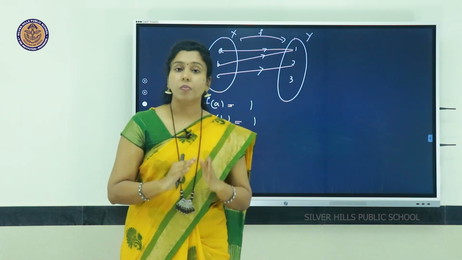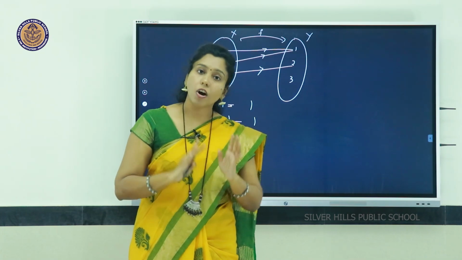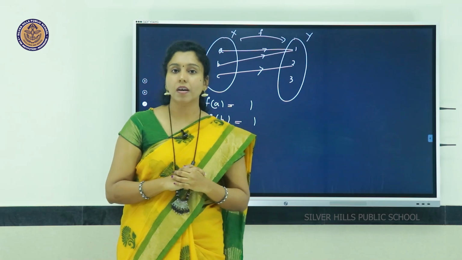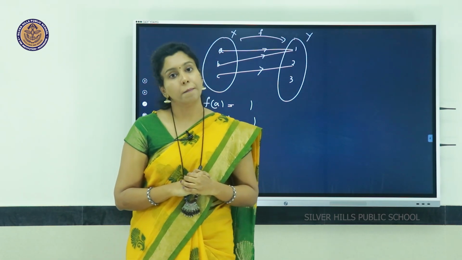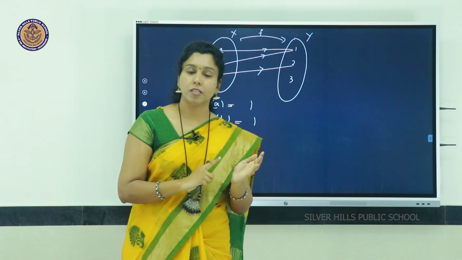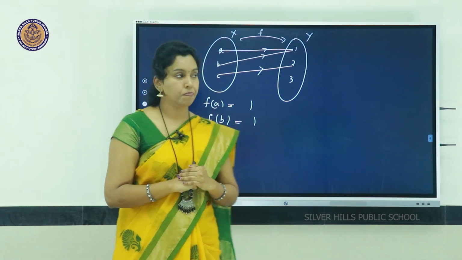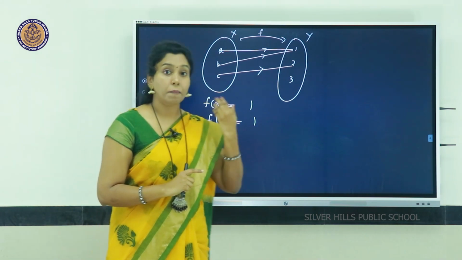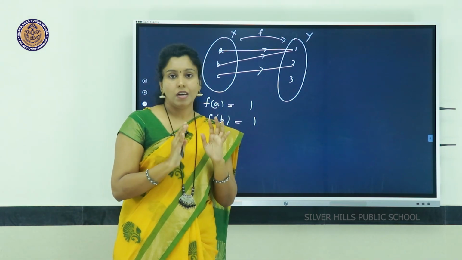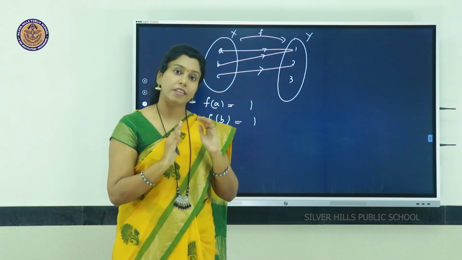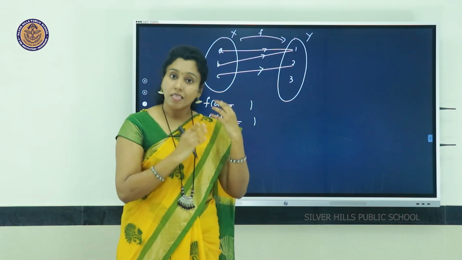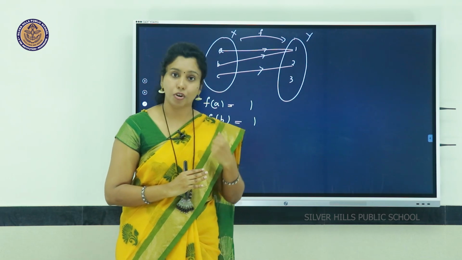If yes, we will conclude it is 1-1, or else if many are going to a single member, we will conclude it is a many-one function, just the opposite of 1-1 function. Now, when we do problems, this concept will be clear to you. Here I am just giving you an idea of the definition of 1-1 function and how to identify whether a given function is 1-1 or not.